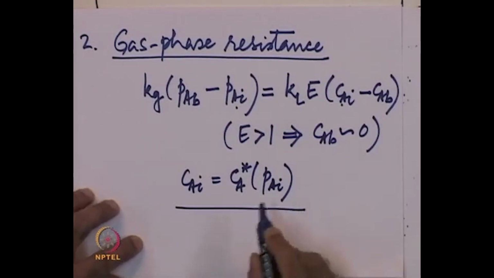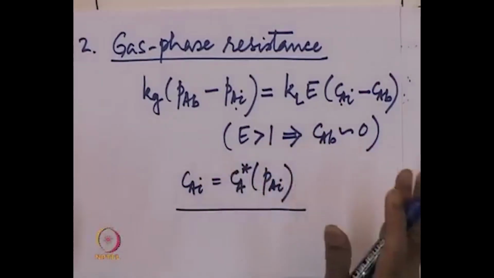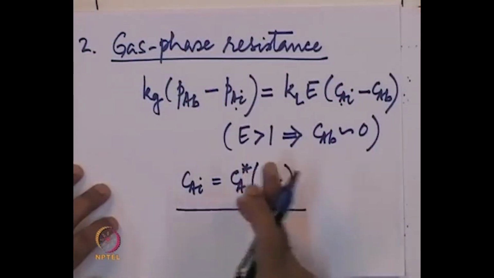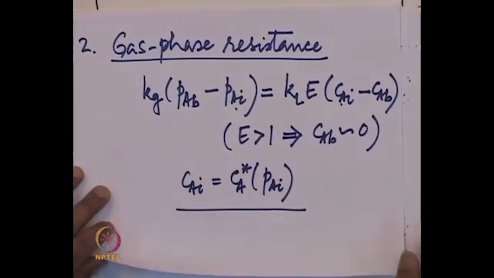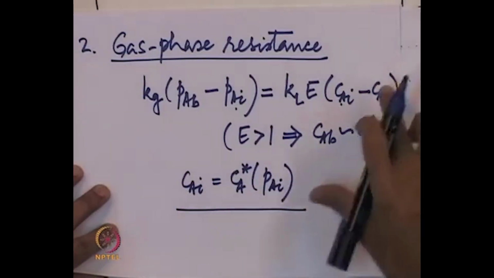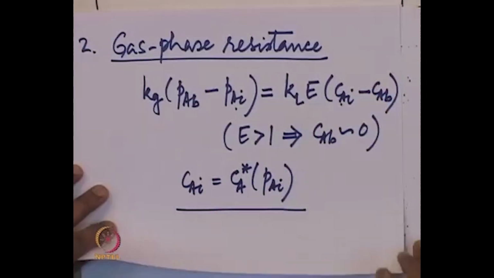Therefore, the essential theory remains the same, except that wherever we have had C_A star being calculated as being in equilibrium with the bulk partial pressure of the gas, we replace that by a quantity that is calculated as being in equilibrium with the partial pressure at the interface, which itself is given by this expression here. So, that is all that needs to be done in order to take gas phase resistance into account.